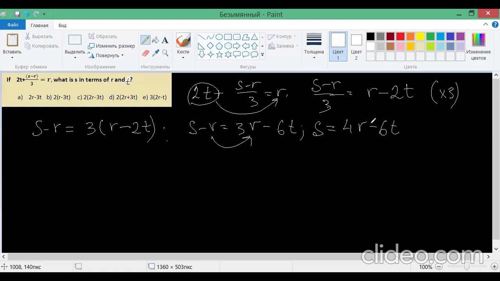Yes. What can I do in this case? I can put 2 as the common factor out of the brackets, and I will get 2 times r minus 3 times t. And I've got the right answer. I guess it's C, right? Yeah, it's not a difficult assignment, absolutely. Thank you.